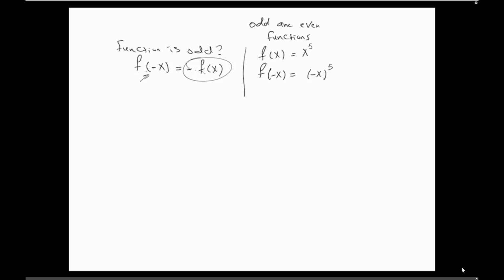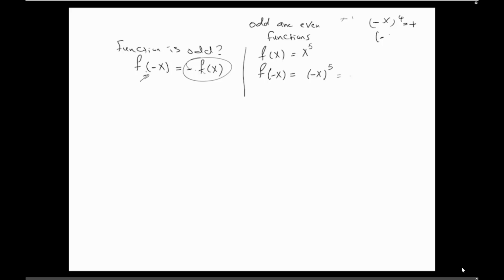And as you guys know, if we multiply negative by negative 5 times, we're going to get a negative. If we had x raised to power 4, then this would give us a positive.